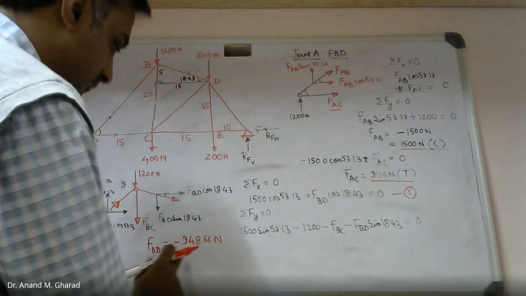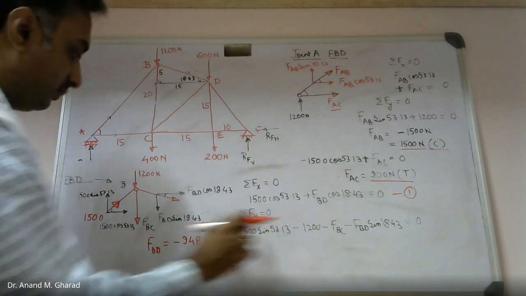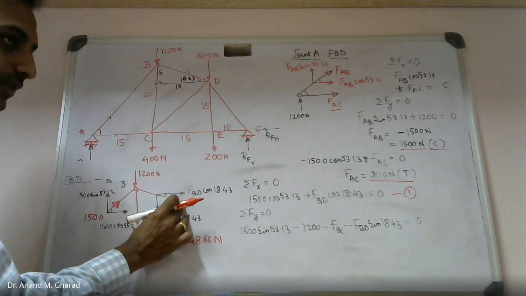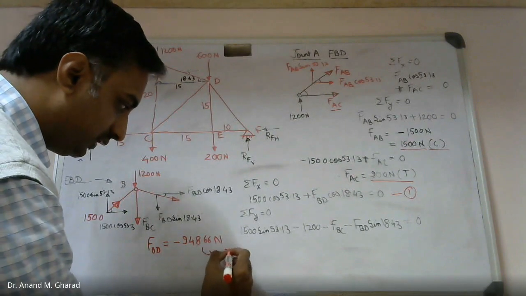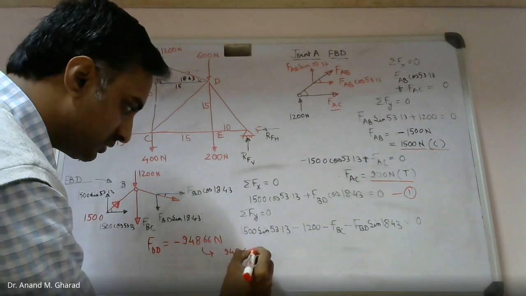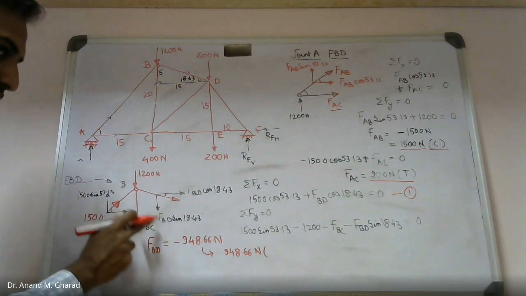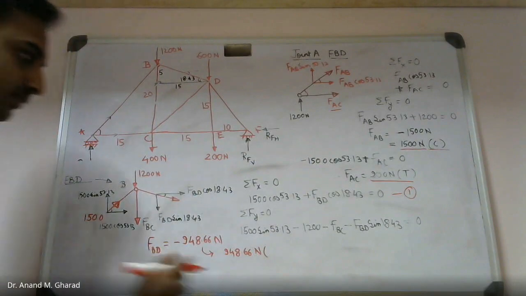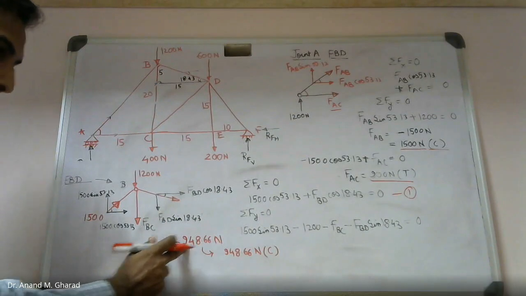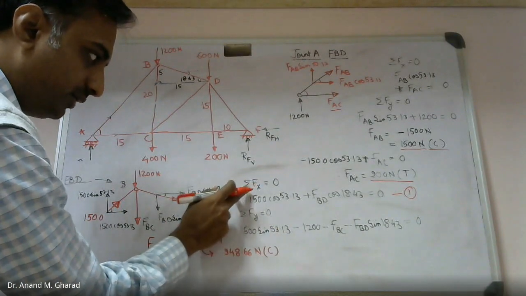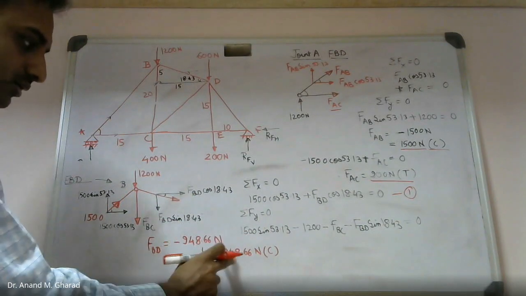Then you can substitute this value, whatever value you have obtained. See, this value is obtained from the directions which we have assumed. The interpretation of this shall be, this can also be said 948.66 Newton. Here we had assumed tension initially, but it came out to be negative value. That means this is compression force. But while substituting this value in the equation which are formed based on the assumed direction, that value has to be substituted and not this revised one.